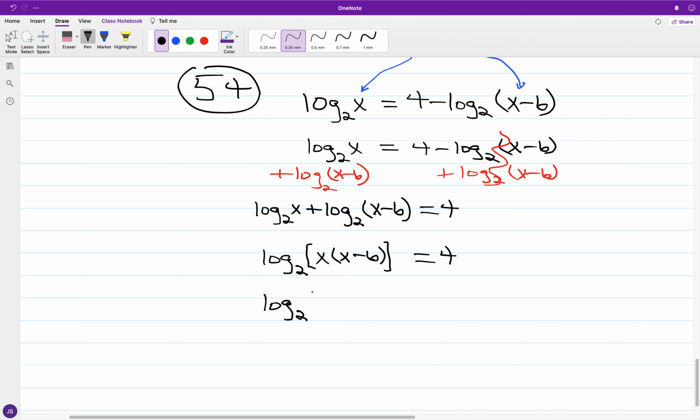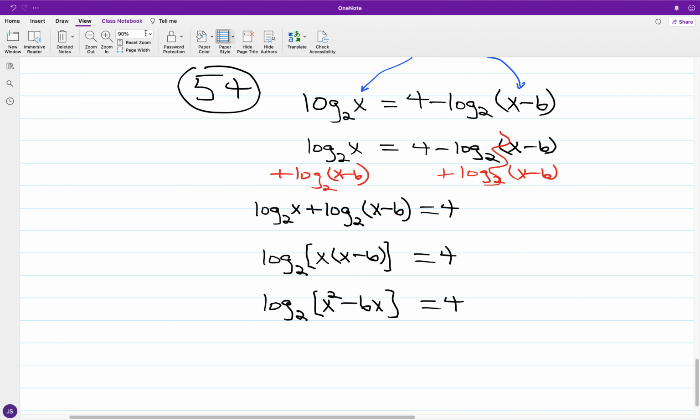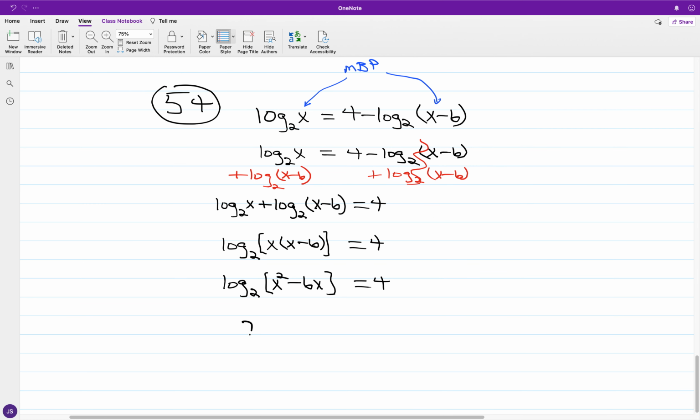And then we'll have the base 2 logarithm of the quantity x squared minus 6x is equal to 4. And taking care of the base 2 logarithm by applying both sides, again, as powers to which the base 2 will be raised.